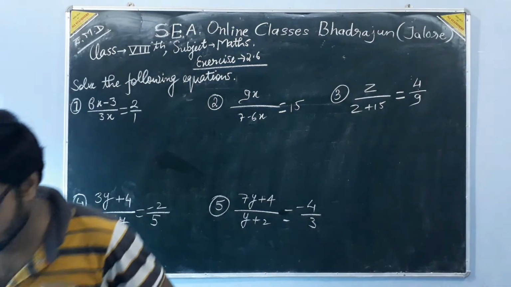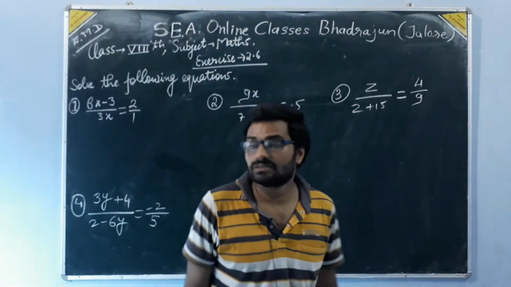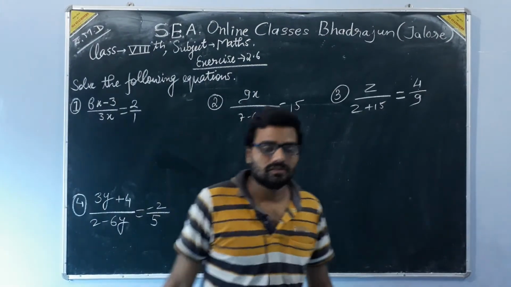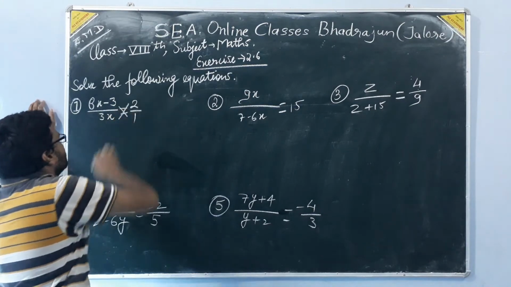The very first question is (8x minus 3) upon 3x equals 2 upon 1. Here we will cross multiply.